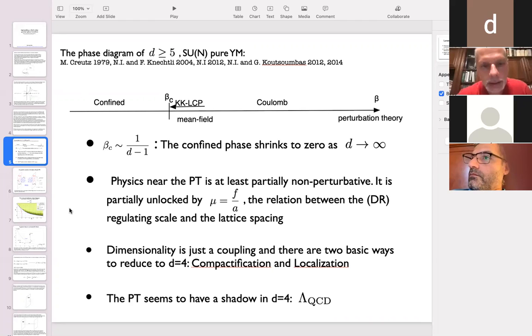That's a complicated issue in general, but perhaps the most important relation is a simple relation to write, which relates the regulating scale of dimensional regularization, mu, with the lattice spacing, a. Just because of dimensional analysis, of course, mu has to be 1 over a times some dimensionless function.